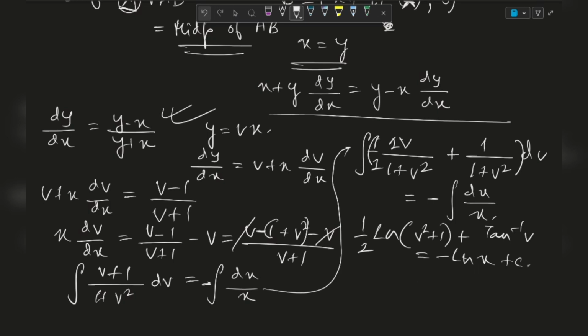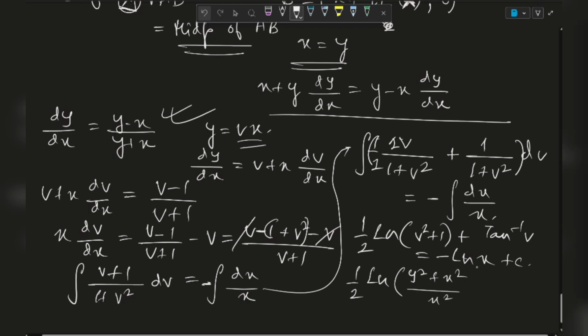From this part, v is y by x, so this becomes half of ln of y squared plus x squared by x squared, plus tan inverse y by x, is equal to minus of ln x plus c.